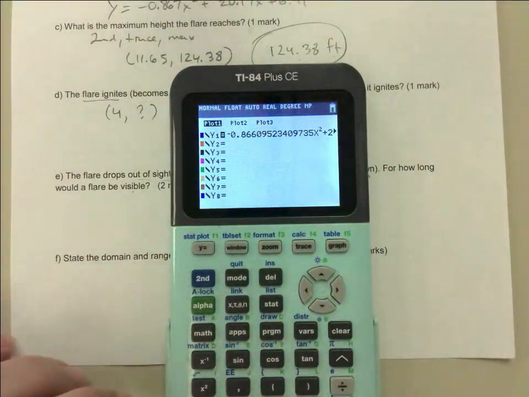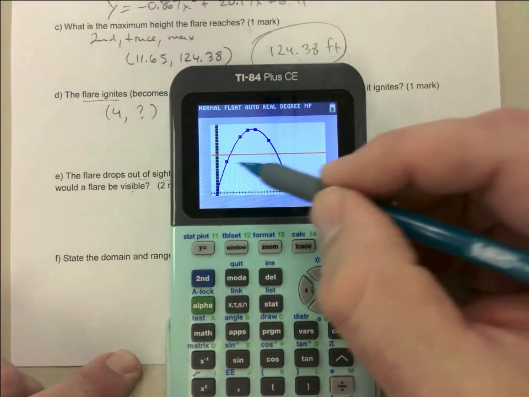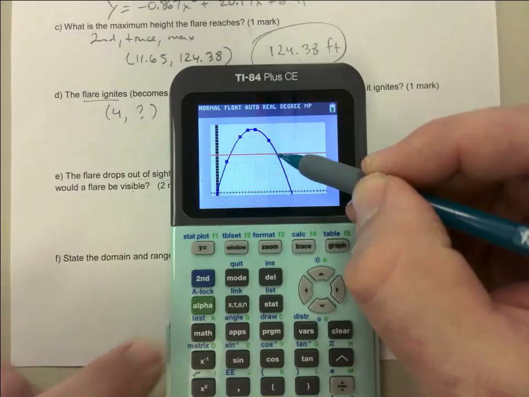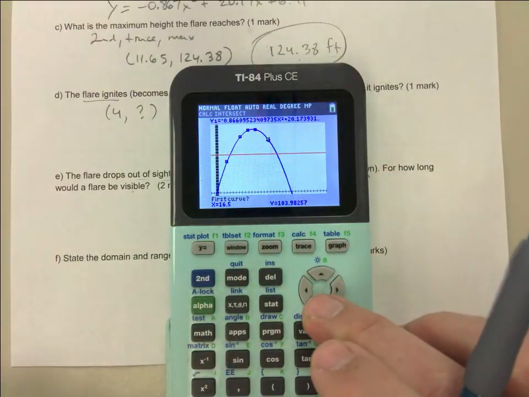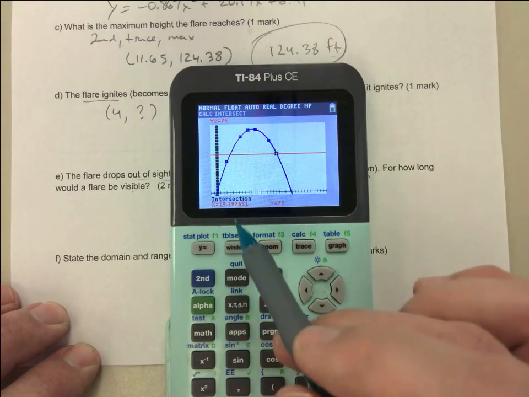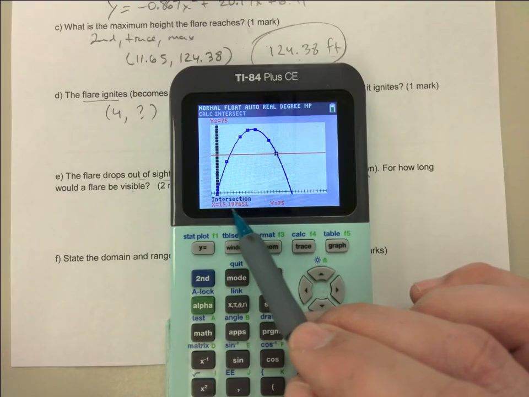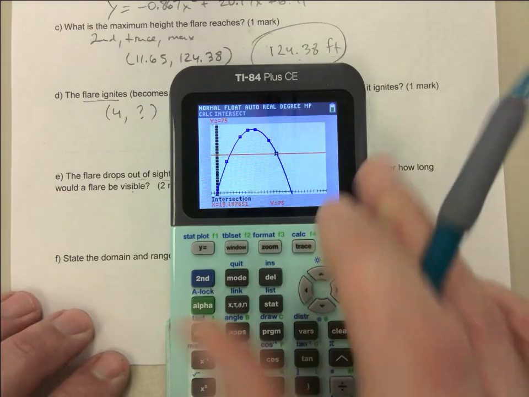So we're going to make y2 equal to 75. We're going to figure this out on its way down, what that time is. Second trace intersect, enter, enter, enter. 19 point, for now, I'm not going to round to 2 just yet. 19.1977.